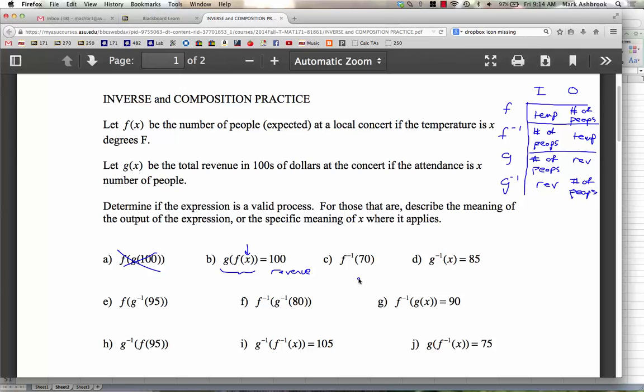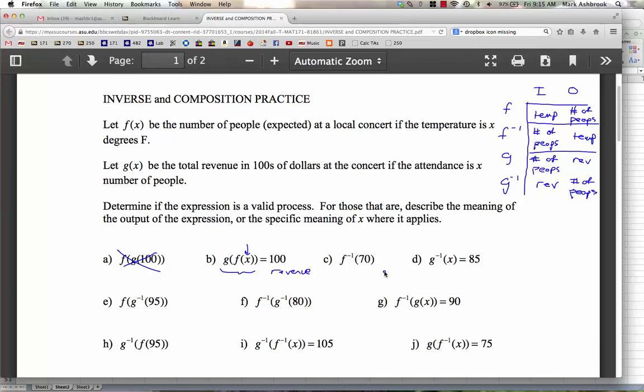When there are 70 people. Yeah, so that's the output of F inverse, which is temperature, when we expected, yeah, so it's the temperature corresponding to expected number of people of 70.